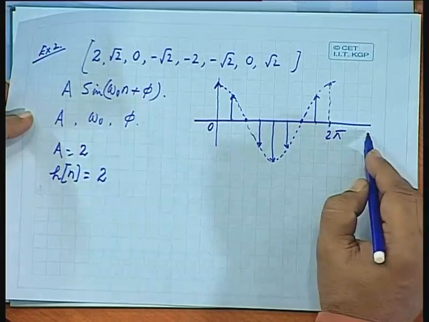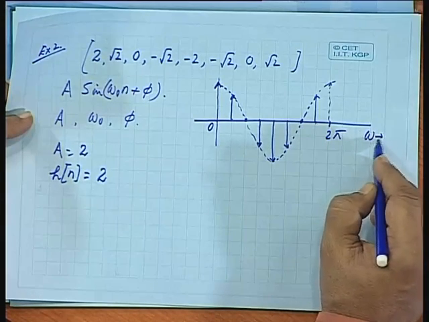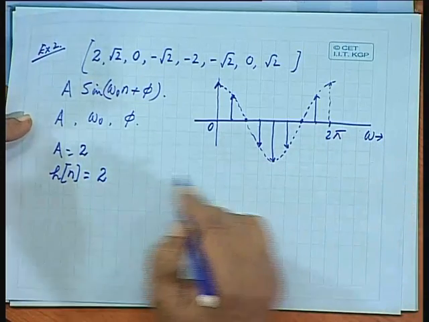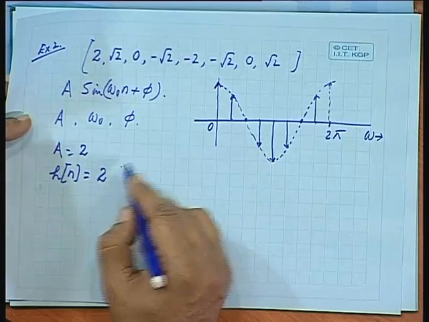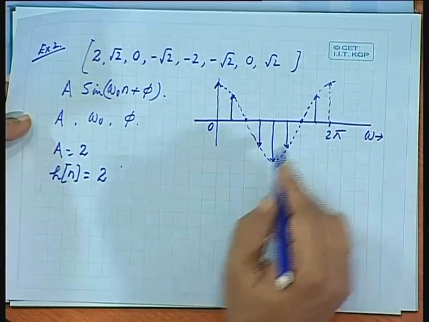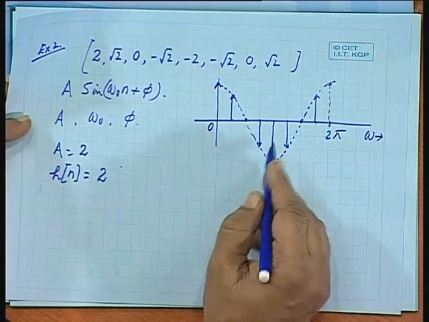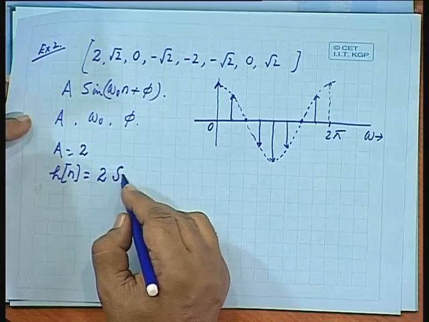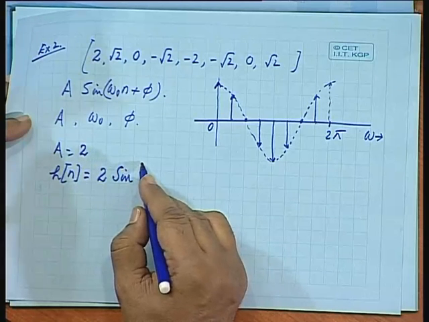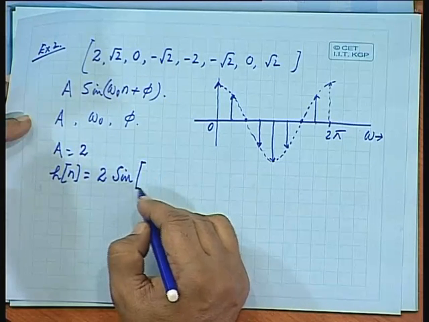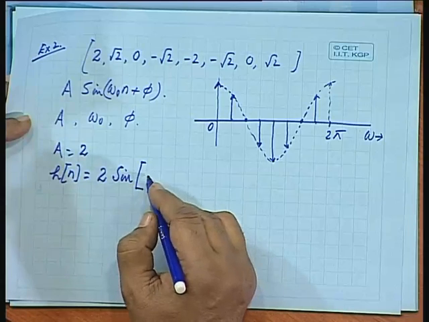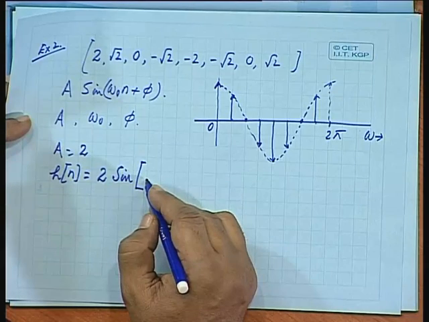This is 0, this is the radian frequency omega. Is it a sine function? Cos function. So, in terms of sine, how much is omega naught?